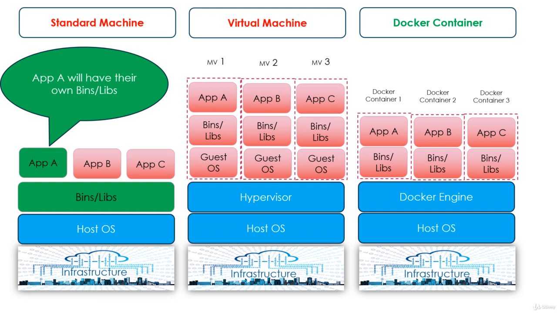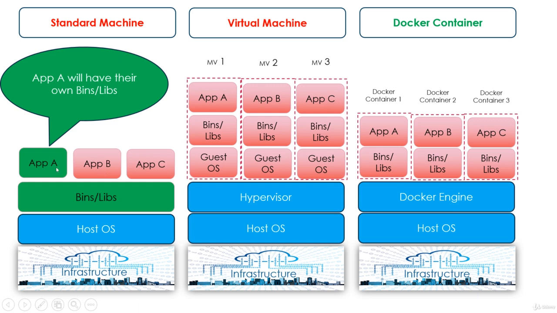Now let's dig into more details. In a standard machine, app A will have its own bins and libs. Let's say here we are running a Tomcat Java application with JSP, where app A is Tomcat. So Tomcat will have its own binaries and libraries, and let's say here we have Apache or some other application. Apache will have its own libraries, which are not compatible.